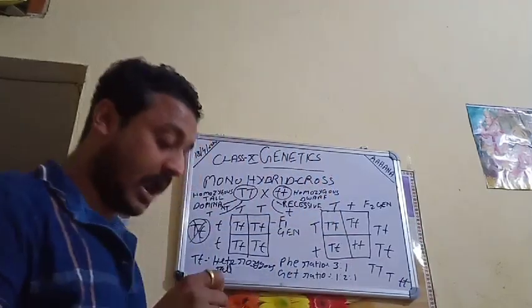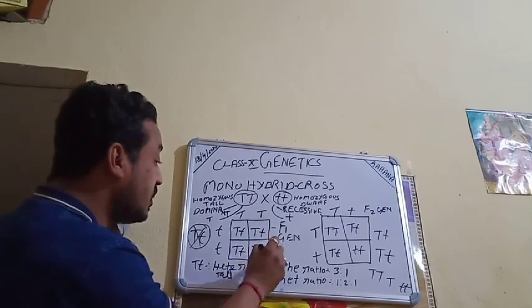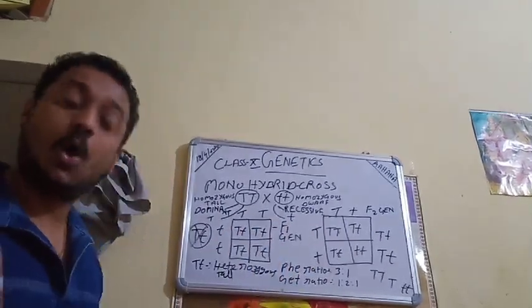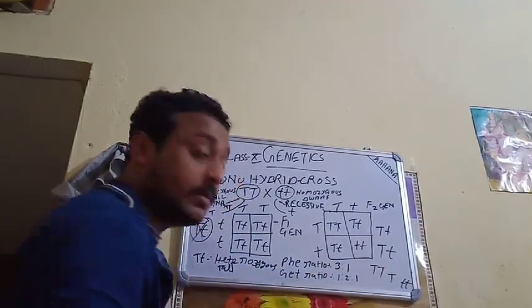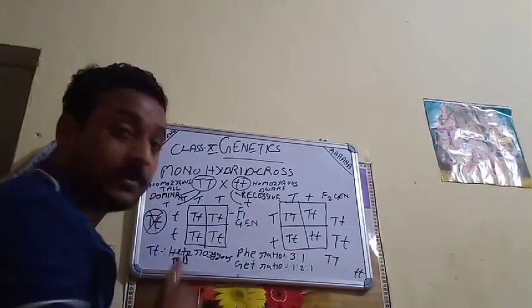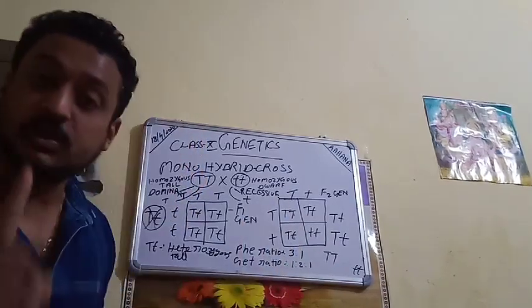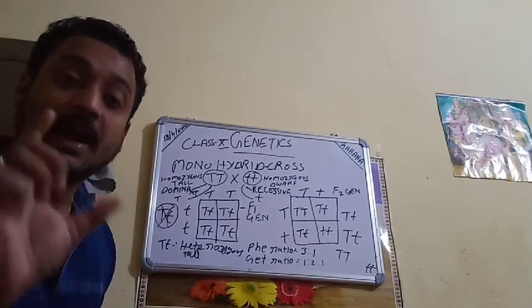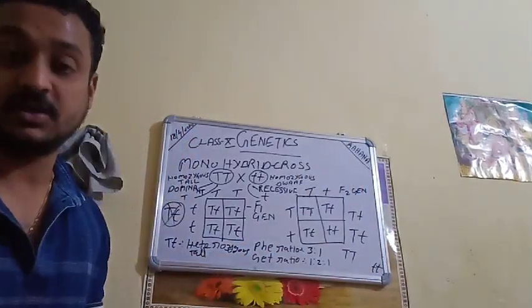So what happened? We got one dwarf. But in the F1 generation, we haven't seen any dwarf. All were heterozygous tall. But here we can see why. Because at the time of formation, capital T was shared as a gene, as well as small t was separated as a gene to a particular gamete. That's the reason why we got tall and also dwarf in the F2 generation.